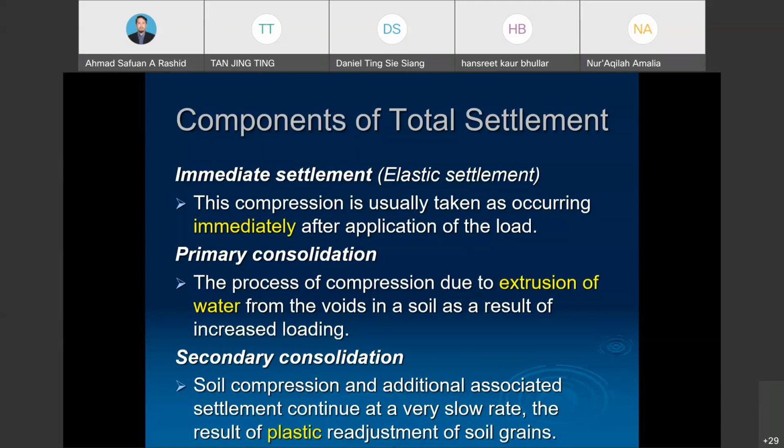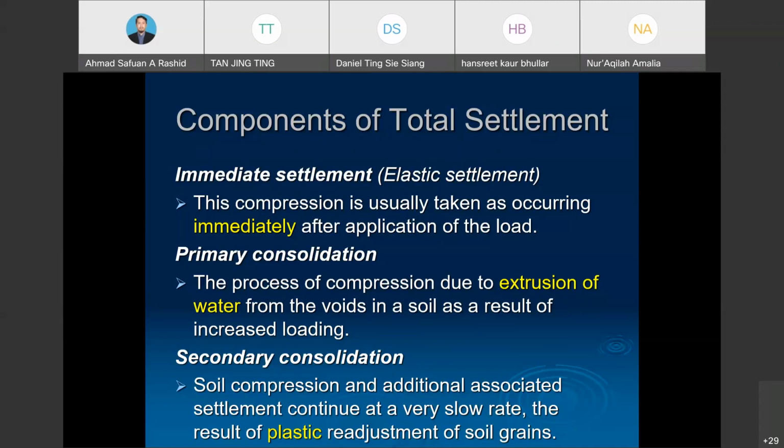saturated. So due to the load applied on the soil layer, under a certain time period, the process of compressions continues, and it will make the water extrude out from the voids in the soil as a result of increased loading, or as a result of the longer time periods where we apply the loads.